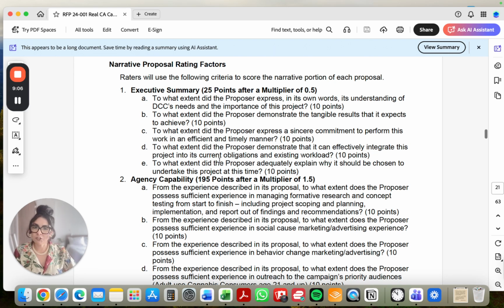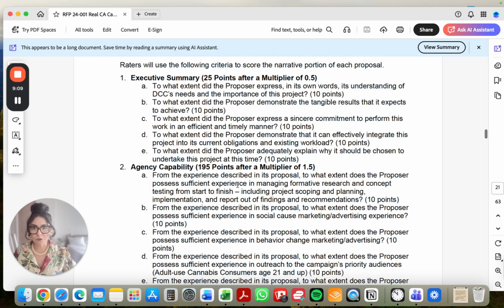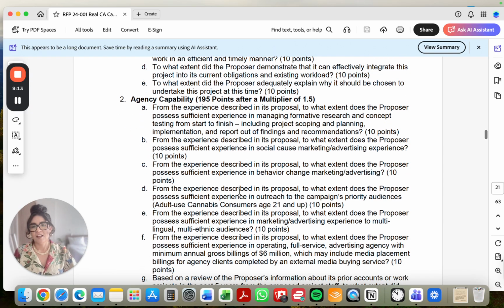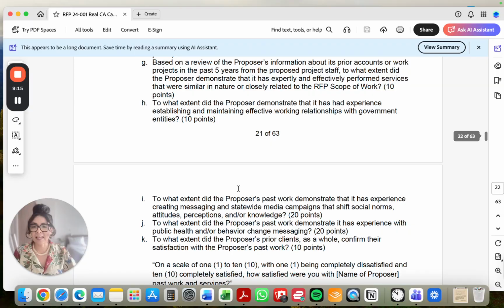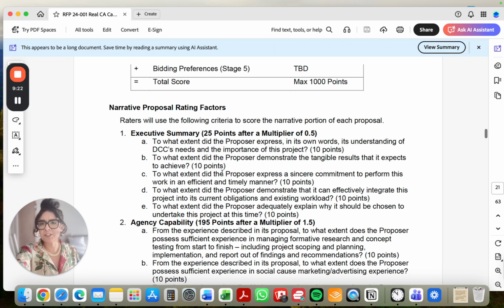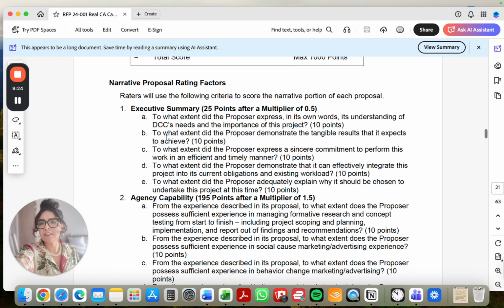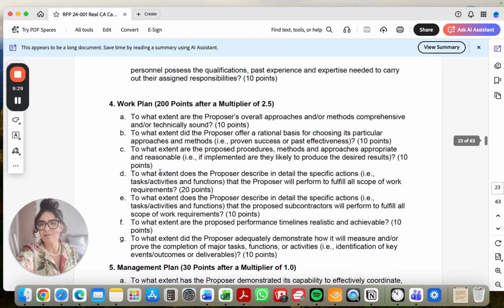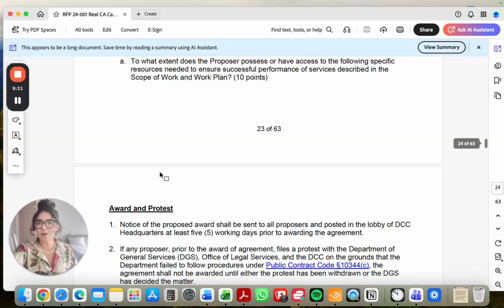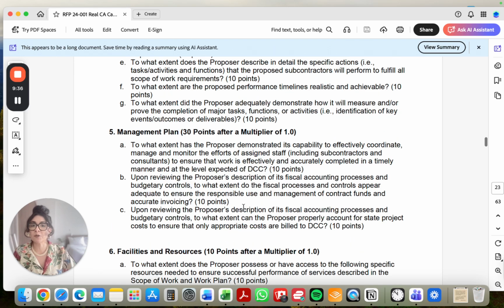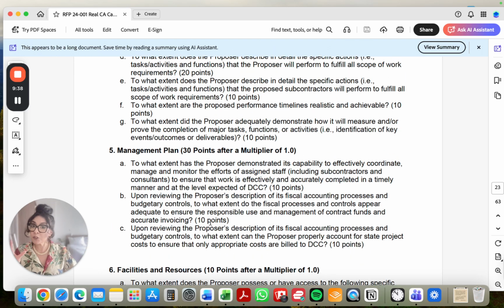But it's the instructions to offers. And so you go through your RFP and you find this section that has all of your questions. You'll copy and paste from this. This is a marketing and advertising RFP, and it's about 6 pages, I think. So all of these questions, 1, 2, 3, 4, 5, 6, all the way up to this facilities and resources is what you'll copy and paste into your technical proposal.